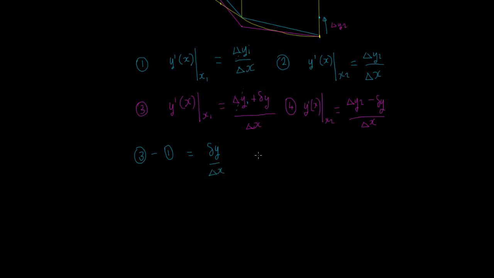And in the same vein, if we do 4 minus 2, we're going to give us this minus that. So again, that's going to cancel with that, and we're going to end up with minus delta y upon delta x.